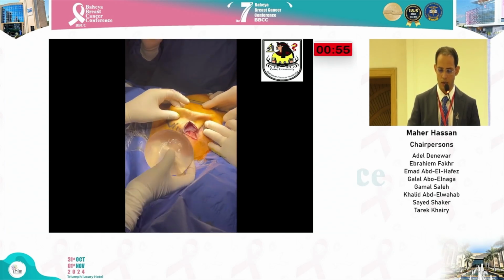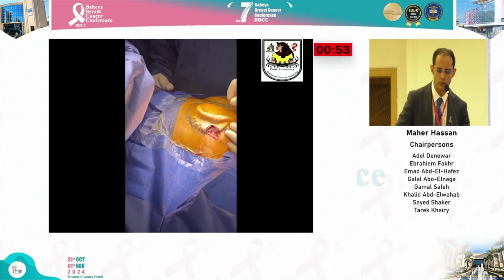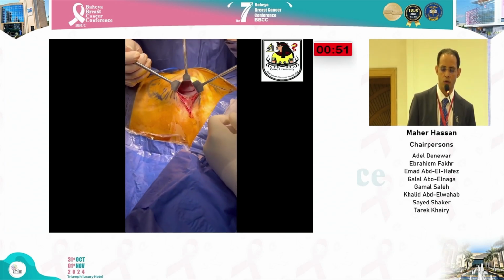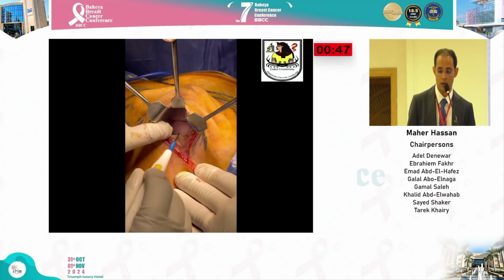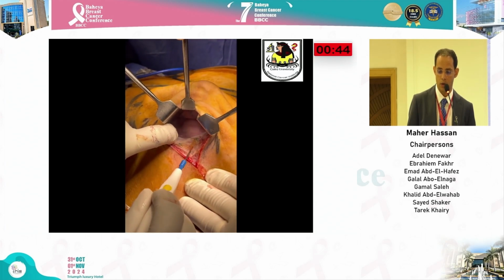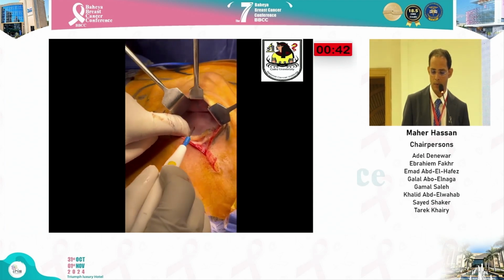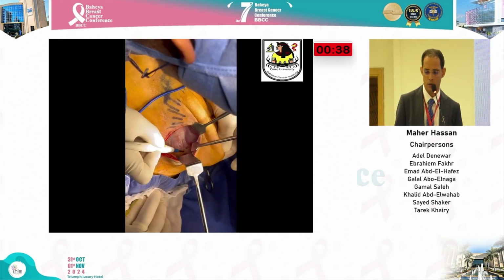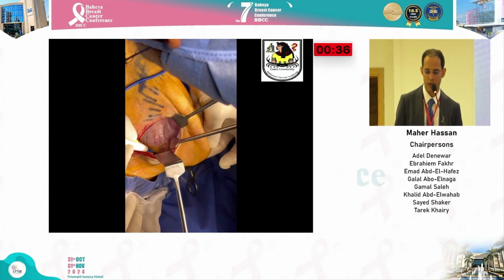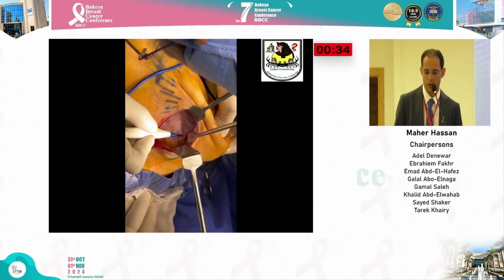So we get the implant outside and we do capsulotomy in all planes and take a biopsy from this capsule to rule out the anaplastic large cell lymphoma. We started laterally and we go in all planes to do capsulotomy.